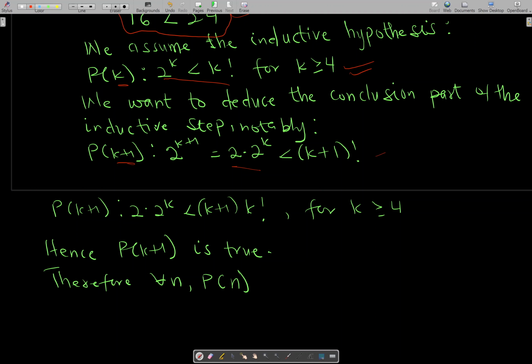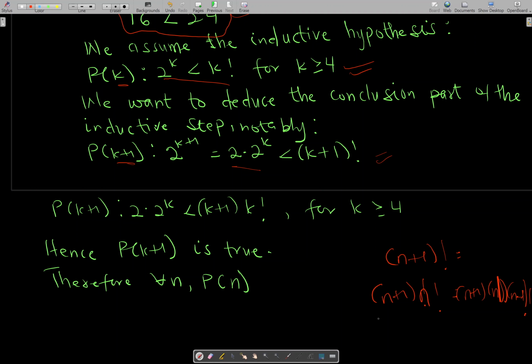But when you have (n+1) factorial, it is the same as (n+1) times n factorial. This is also the same as (n+1) times n, then (n-1) factorial, in that order up to 1.